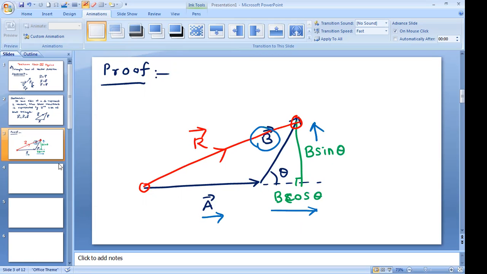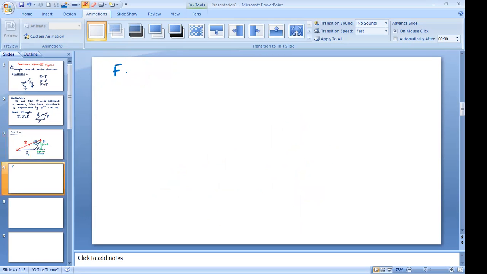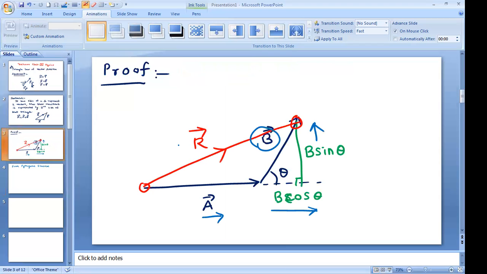Now we know from Pythagoras theorem, hypotenuse square, that is vector R square, must be equal to perpendicular square, that is B sine theta square, plus base square, that is A plus B cos theta whole square.